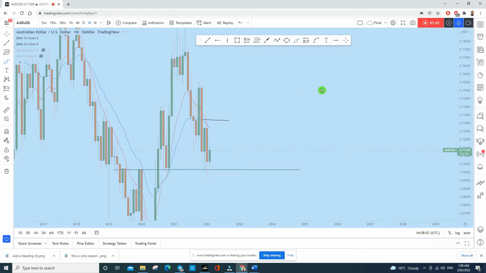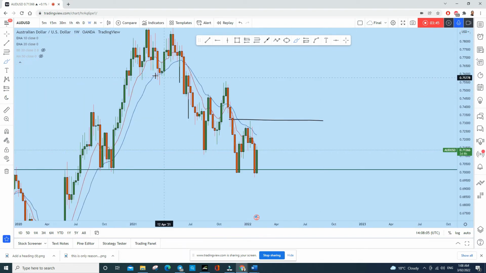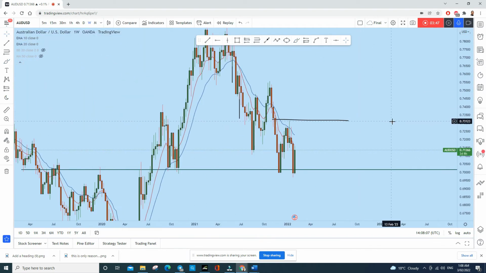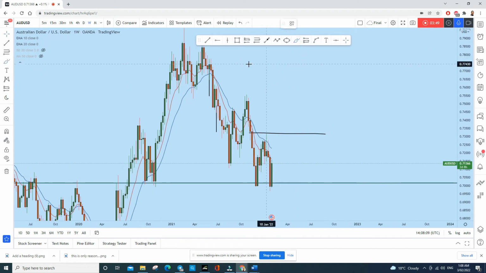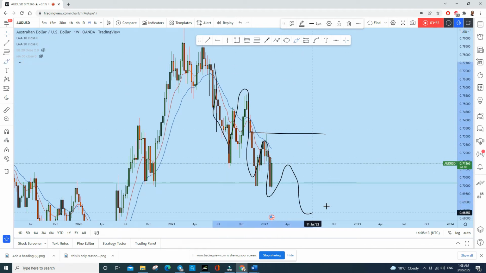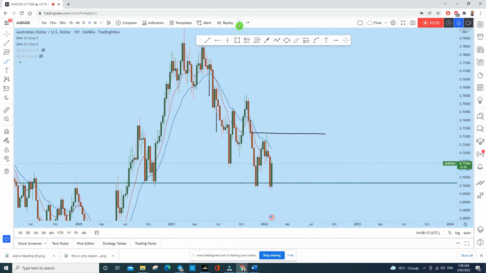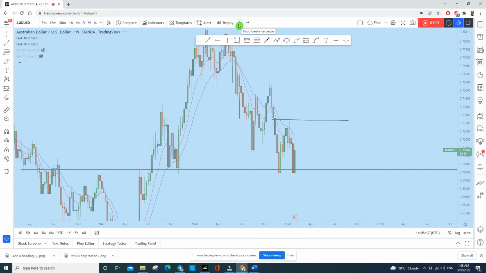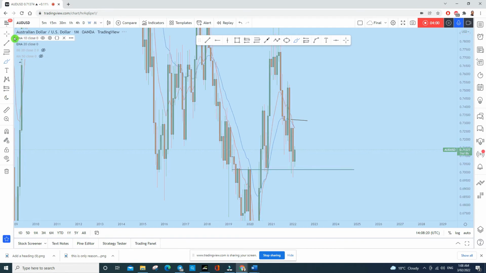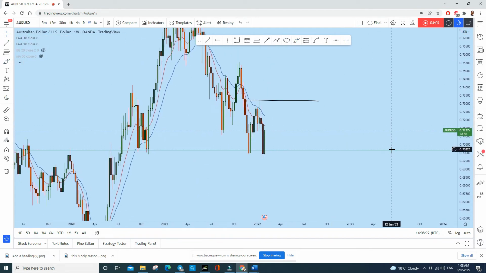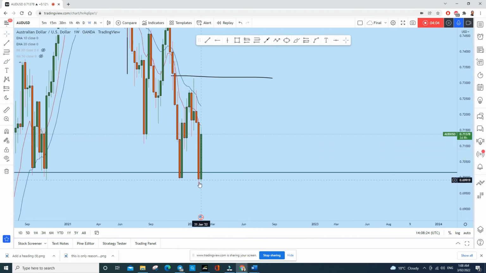Now let's jump on to weekly time frame. Now see what kind of trading opportunity we have. Now on the weekly, this is a clearly defined bearish market, creating a series of lower high and lower low. So now current week is almost over, but let's see what kind of price action it has created after this red move to the downside.